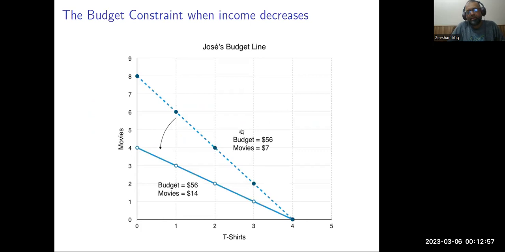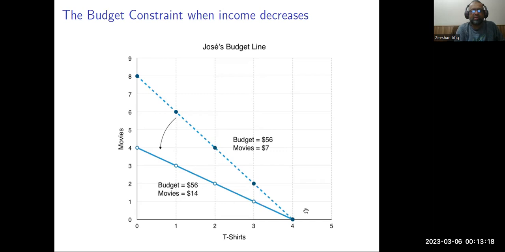You could buy 8 movies with the income of $56. But now you can buy only a maximum of 4 movies with the income of $56, because the price has doubled. What has this done?